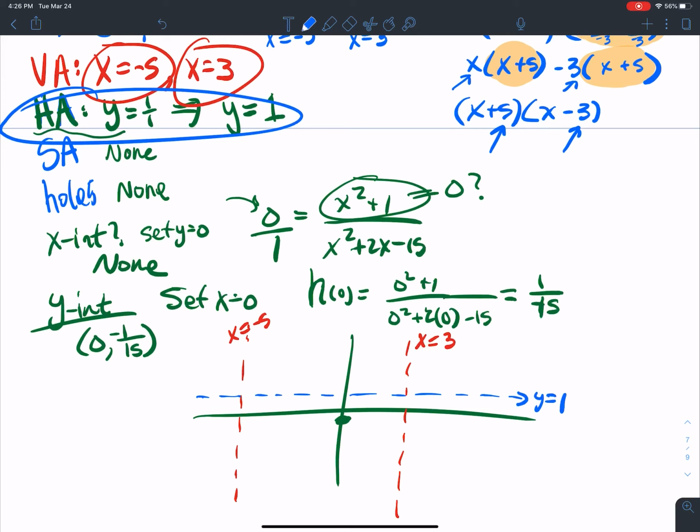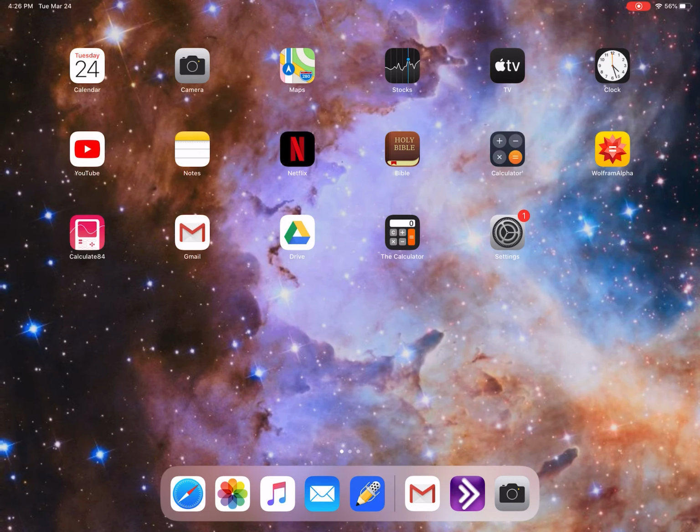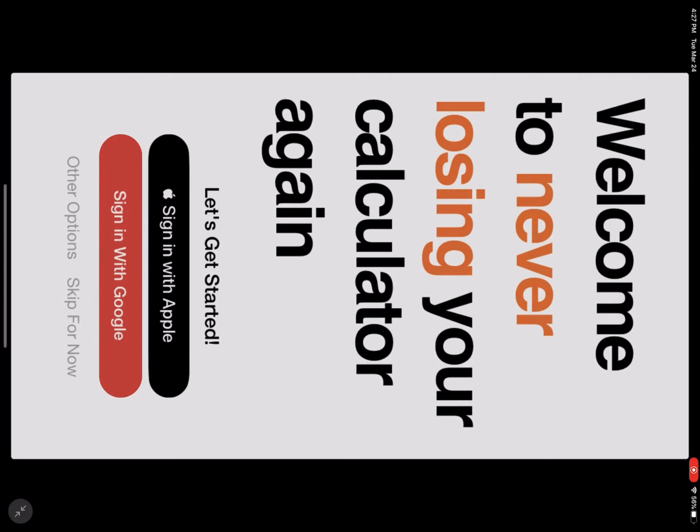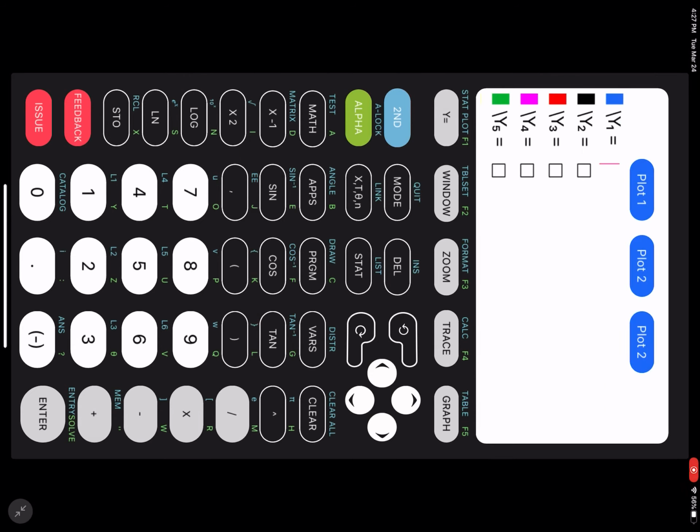So what's going on here with our graph? We can get an idea if we throw it in our calculator. So with the calculator, I'm going to do parentheses, put in x squared plus 1, close parentheses, divide, open parentheses, x squared plus 2x minus 15, close parentheses, enter.